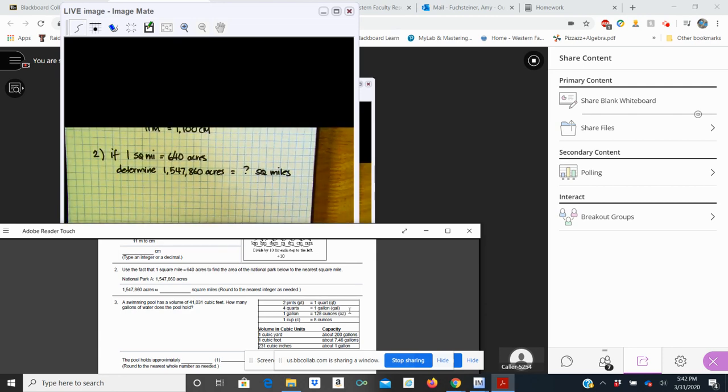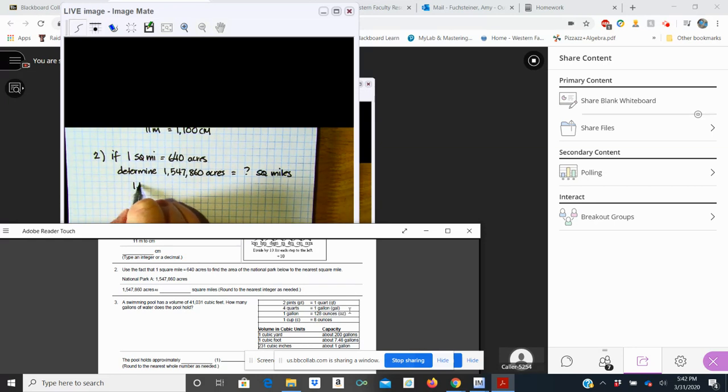The idea here is that we would use our unit conversion methods. 1,547,860 acres times, our acres would go on the denominator, our square miles on the top, 640 over 1.